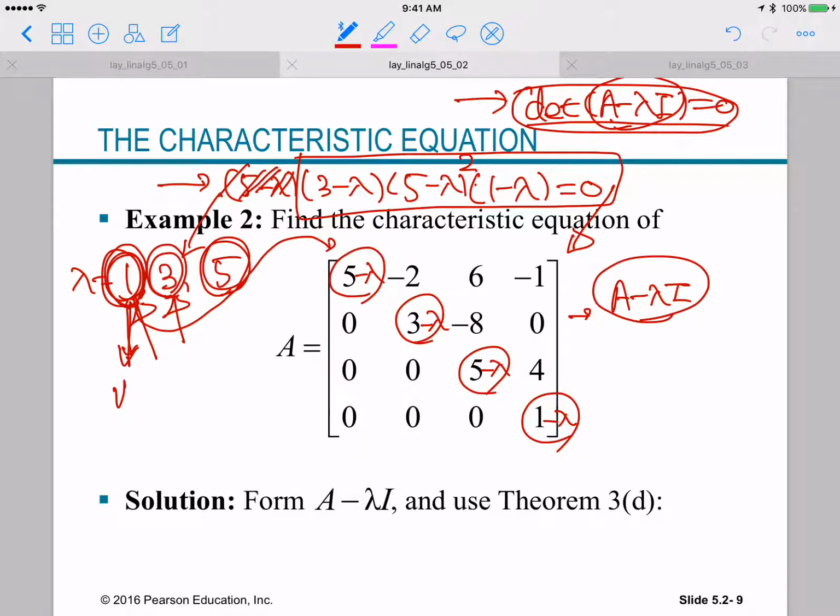Okay, so basically it's a fourth order polynomial, which is the same as the matrix size. If the matrix is 4 by 4, you will always obtain a fourth order polynomial as your characteristic equation, right? In general, by considering complex numbers, you will always have 4 solutions, counting the multiplicity.